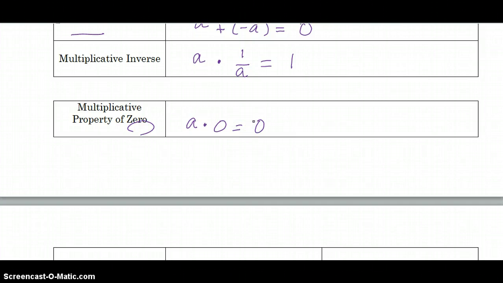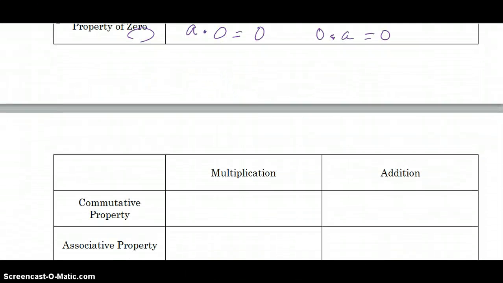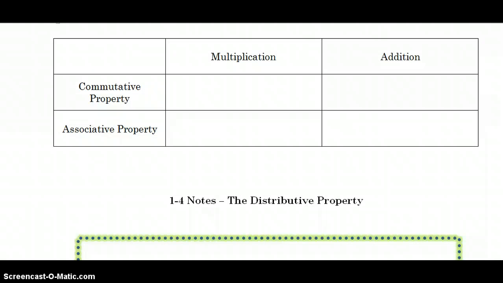And again, we can give the reverse order of that: 0 times A is also 0. So anytime you're multiplying times 0, whether the 0 is first or last, you're going to end up with 0, and that is called the multiplicative property of 0.